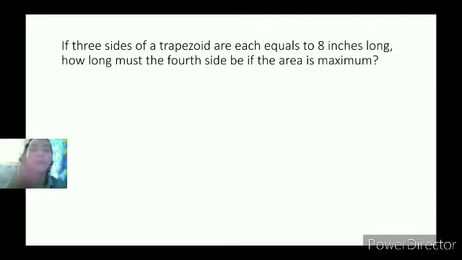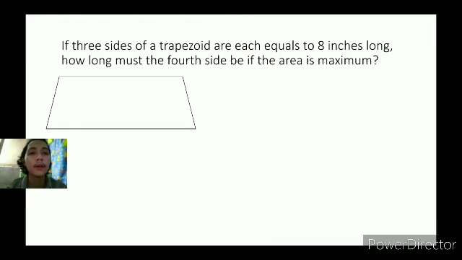So we have this problem. If three sides of a trapezoid are each equal to 8 inches long, how long must the fourth side be if the area is maximum? So first, we're gonna draw an appropriate figure, which is the trapezoid, and label the quantities for each side.